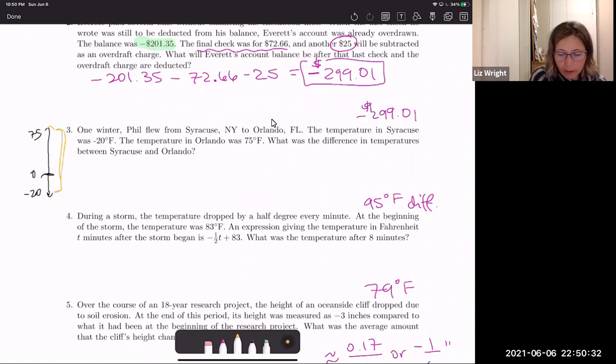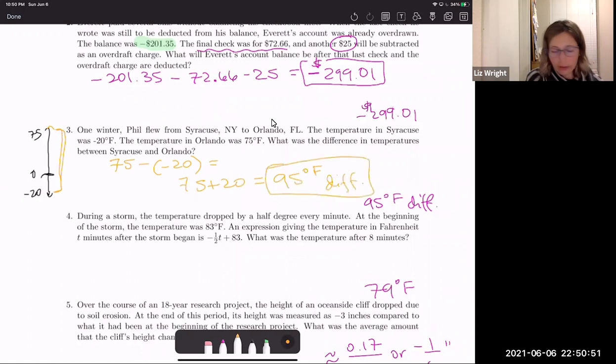You could say, what's 75 minus -20? Because we're finding the difference between those two. So it'd be 75 plus 20, which is going to give us the 95-degree Fahrenheit difference. And that's your answer.